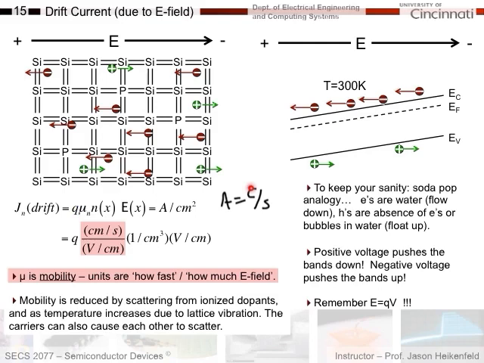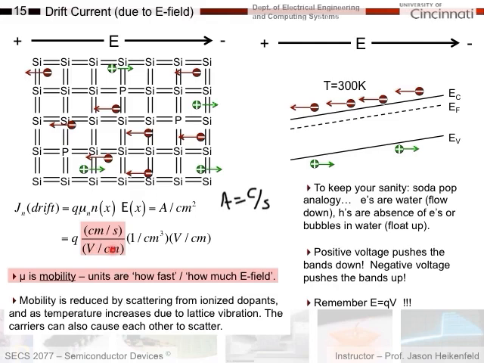The next thing I need to know is how easy is it to move this charge through the semiconductor. And this term, mu sub n, is called mobility. Okay, so mu sub n here means mobility for electrons, hence the sub n. And the units are centimeters per second divided by volts per centimeter. And so this should make a lot of sense.